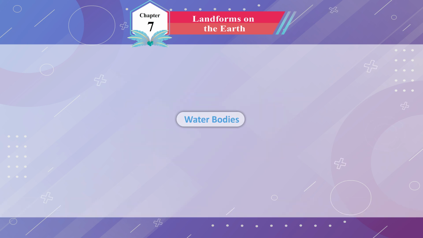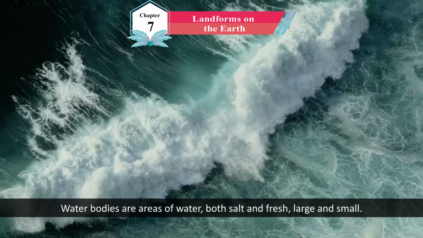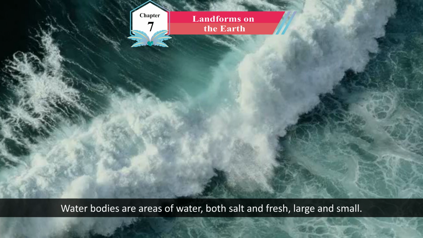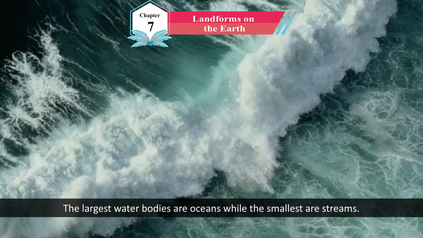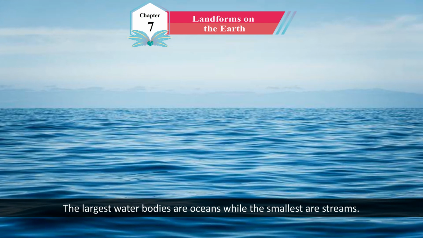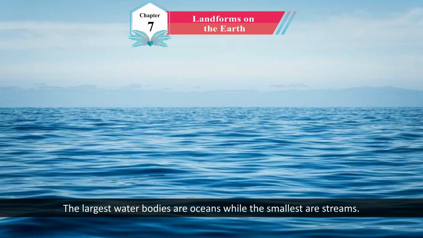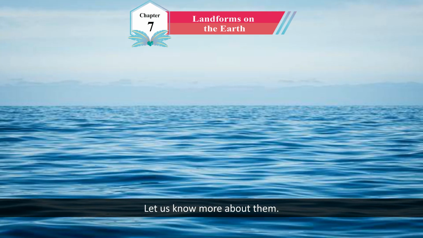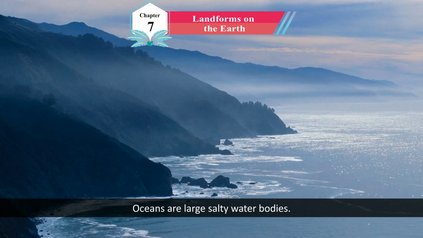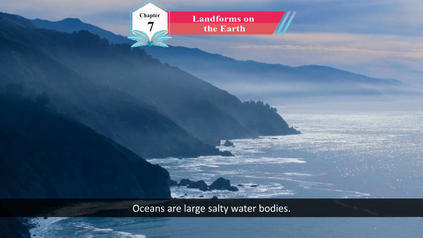Water bodies. Water bodies are areas of water, both salt and fresh, large and small. They are all distinct from each other. The largest water bodies are oceans, while the smallest are streams. Let us know more about them. Ocean. Oceans are large salty water bodies.